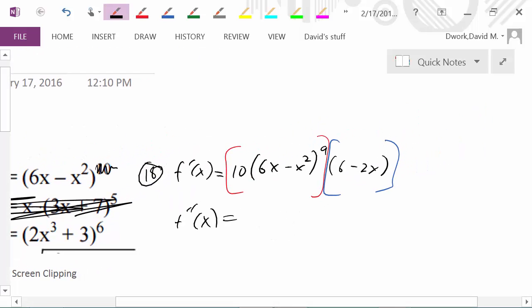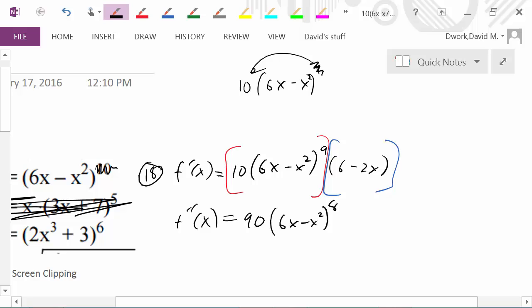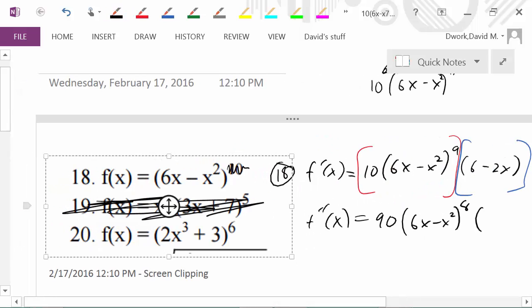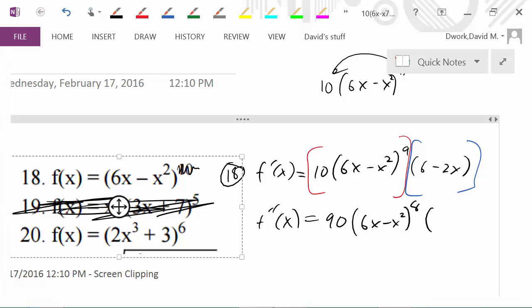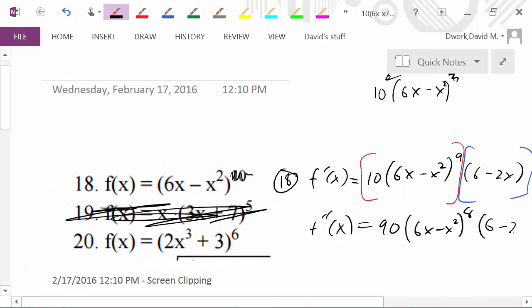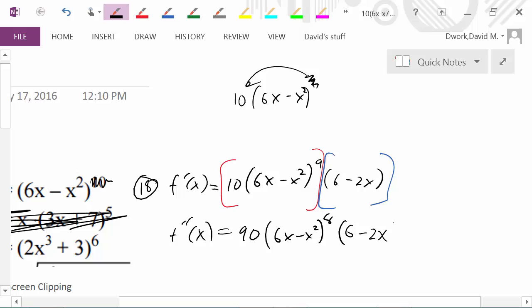All right, so now I'm going to do the derivative of the first part, the stuff in red. I'm looking at it as its own separate problem: if I just had this, what would I do? Well, I bring the 9 out to the front, which would give me 90 times, leave the junk alone, subtract 1, which brings us to an 8. Now I've done the derivative of the 9, but I haven't done the derivative of the inside, which would be 6 minus 2x.